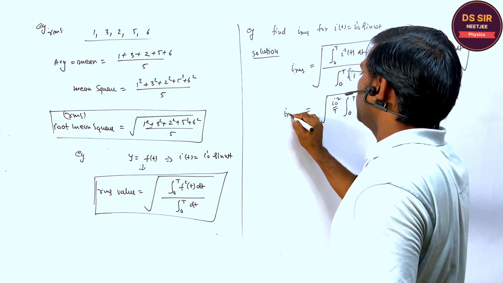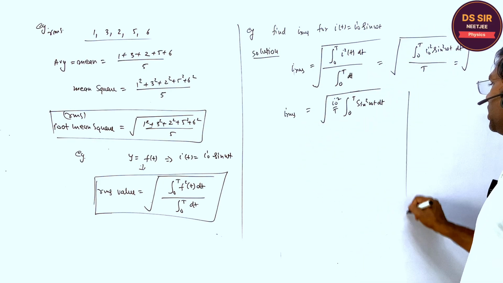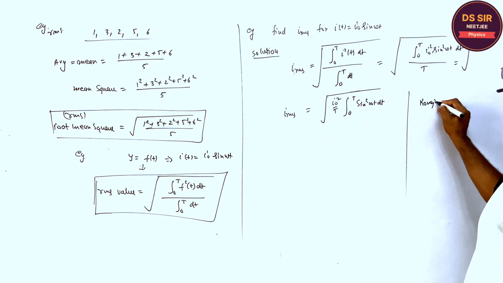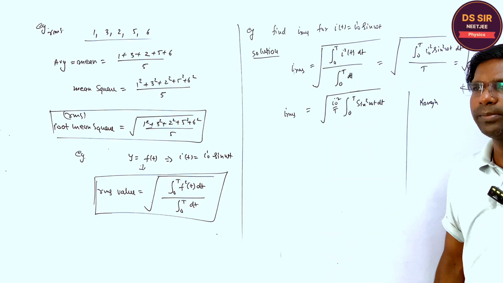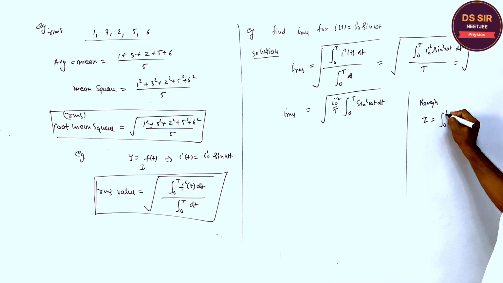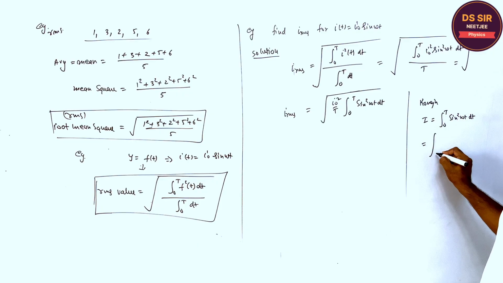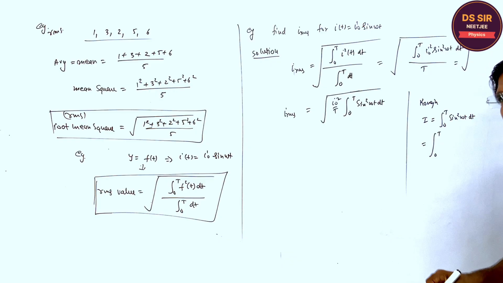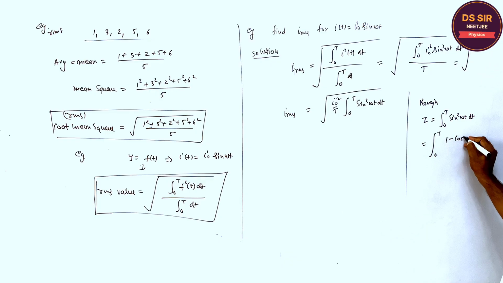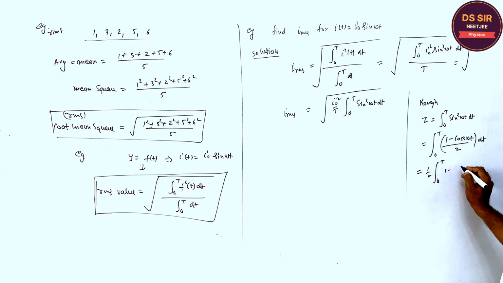So if you are able to integrate this, then you can find the value. Here in the rough I am writing the integration. The integral from 0 to T of sin square omega t we have to calculate. I told you how to integrate. We have to convert this using the half angle formula, this is the identity you will use. So this is 1 by 2 integral from 0 to T of 1 minus cos 2 omega t dt.